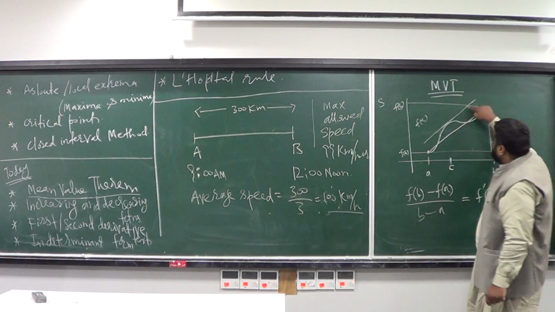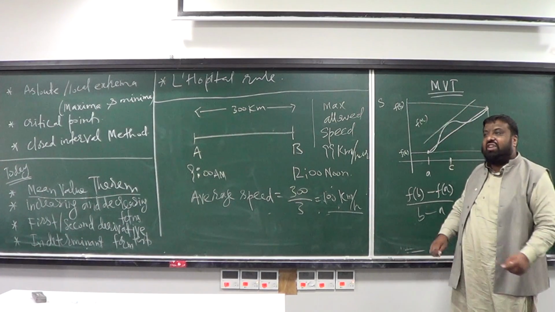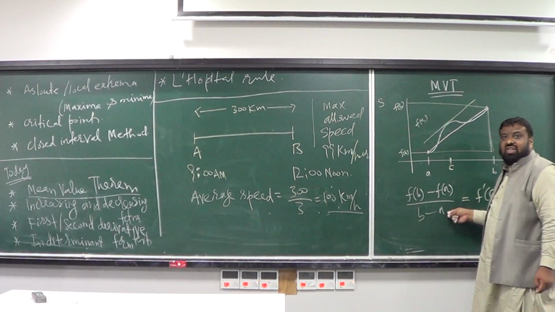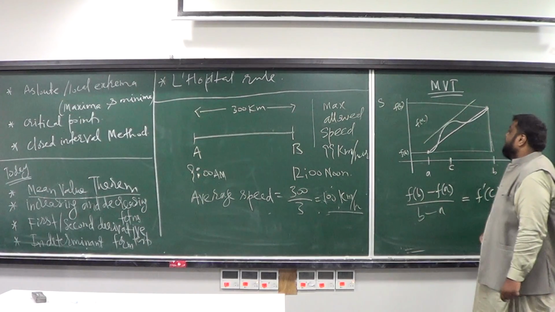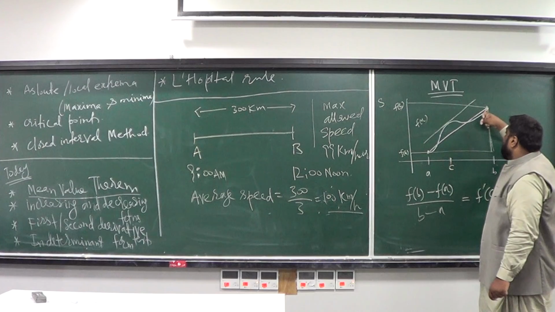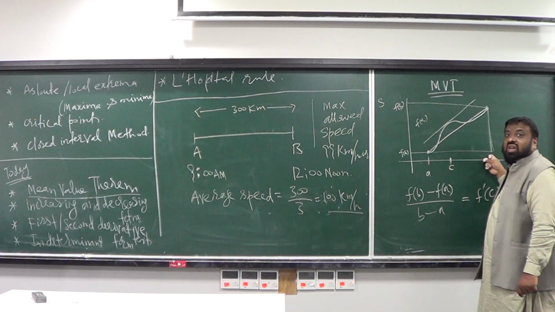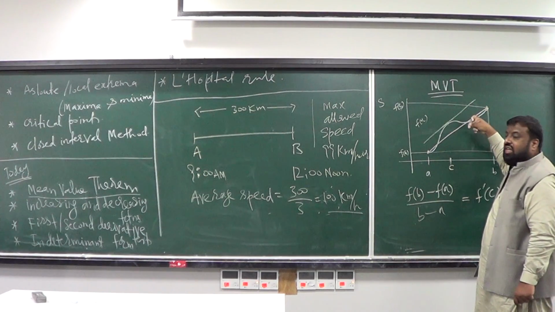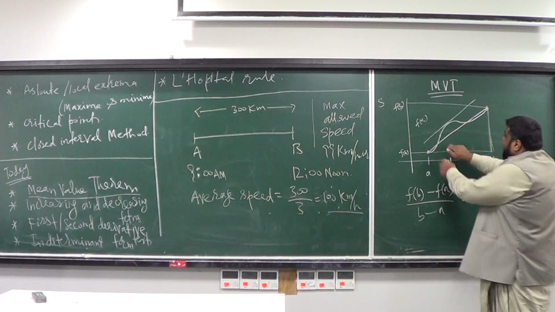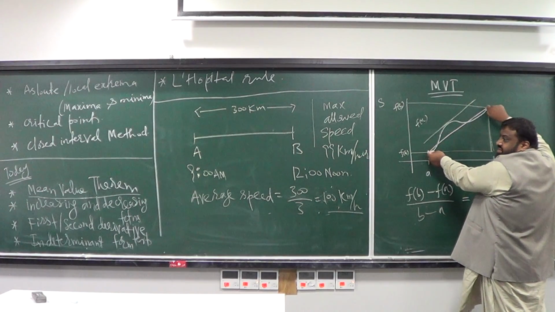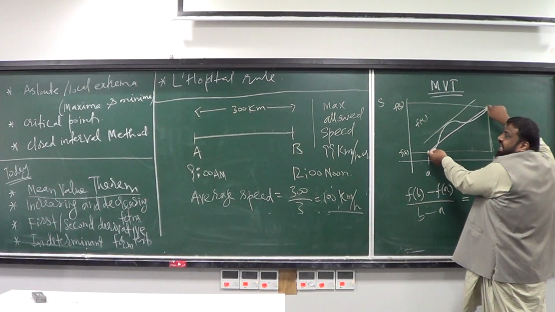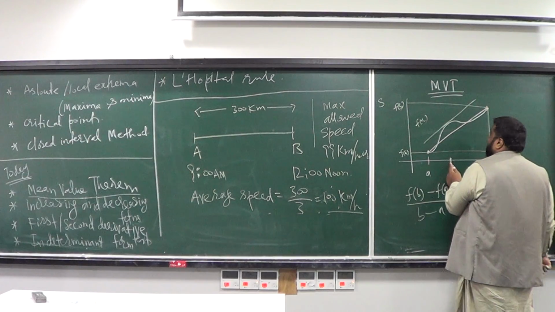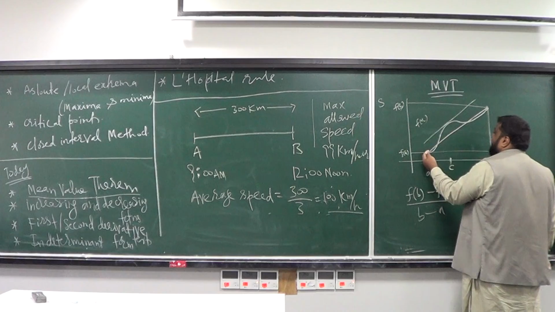I know that the tangent line on a curve gives me the instantaneous change, while this represents the average change. So the mean value theorem is telling you that if you have a continuous function defined on a closed interval, and that function is smooth as well, with no corners within A to B, then there must be a point between A and B where the instantaneous change is equal to the average change.